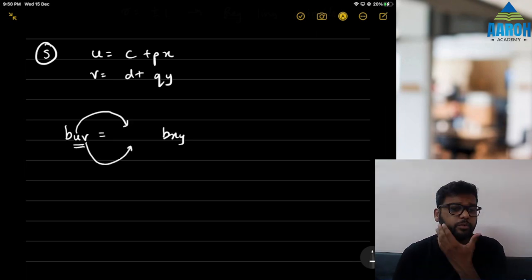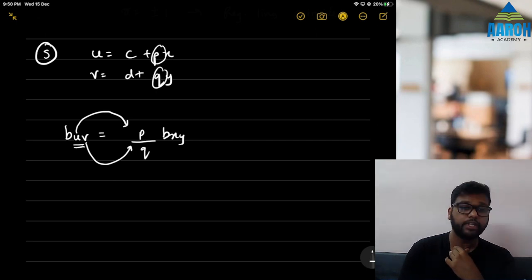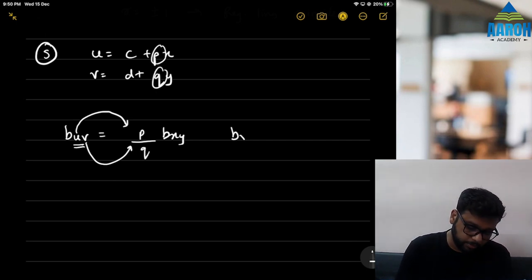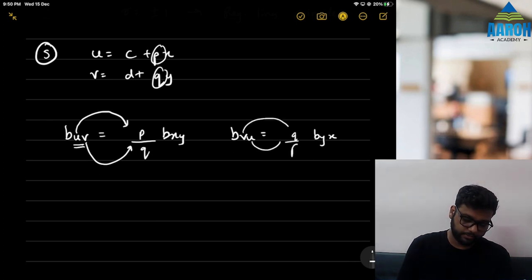What is change of scale of u? P. Upon what is change of scale of v? Q. P by q. That's it. If you want to do the opposite, b vu, then it will be byx into q by p. That's it.